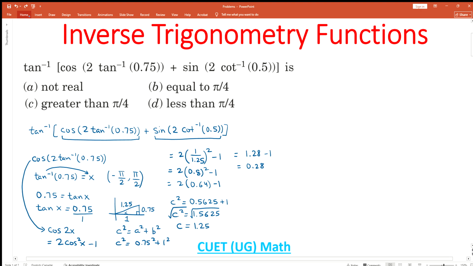So the value of the term cos of 2 tan inverse 0.75 is equal to 0.28.